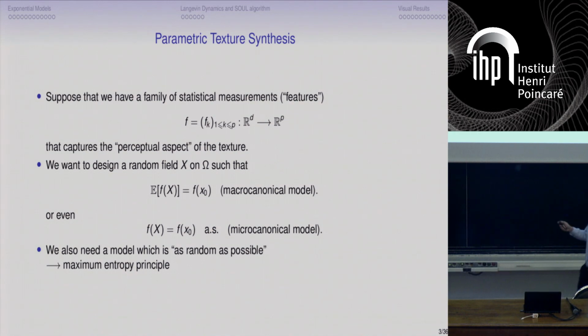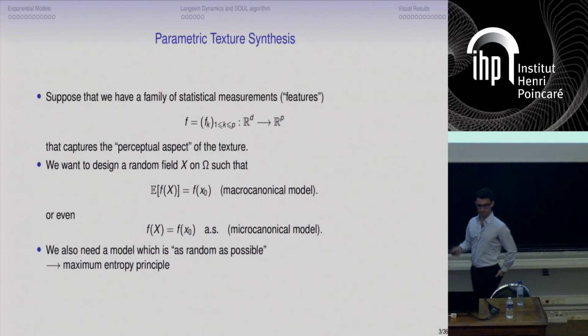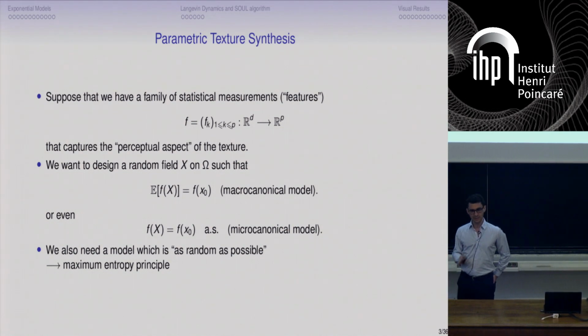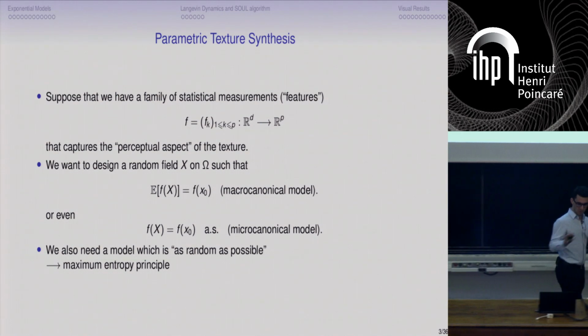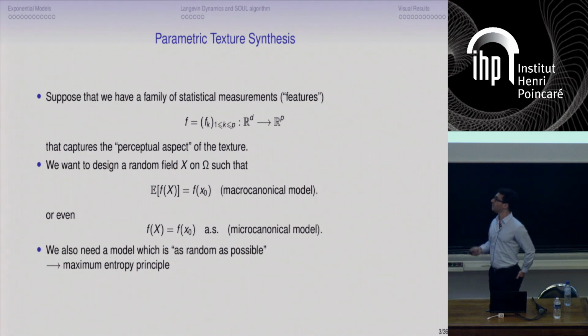There are two ways of asking that, or maybe others. For example, you can ask to preserve the statistics in expectation or almost surely on the realizations. Now, apart from those statistics, you want things to be as messy as possible. So you want to make the random field as random as possible except for these statistics. One mathematical way of imposing that is to maximize the entropy of the model.